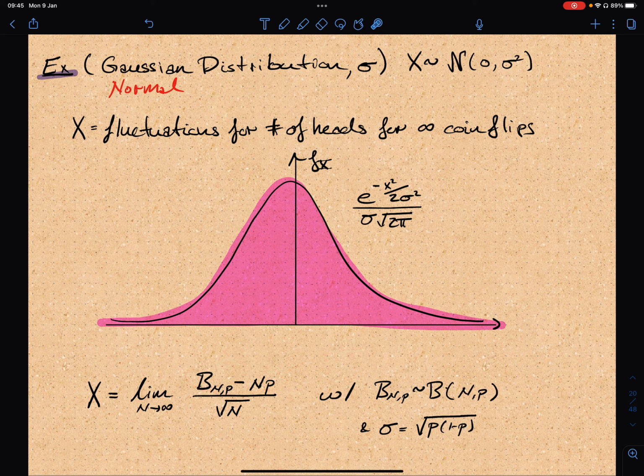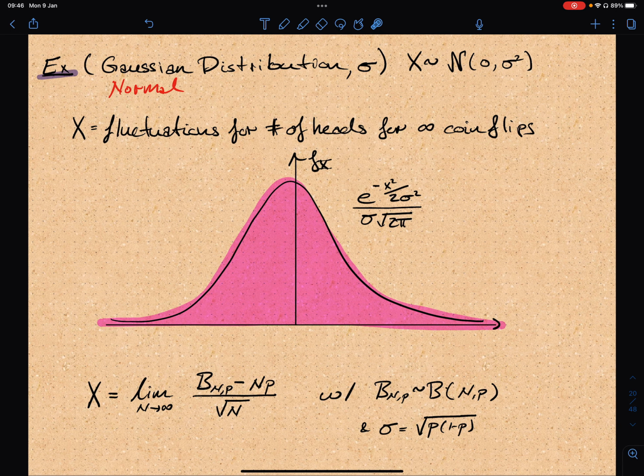So as you do more coin flips, you should expect the fluctuations around the expected number of heads to be fairly large, because as you have more trials, you have more time, more space for weird things to happen. So the fluctuations are going to get larger and larger just due to the nature of having a lot of coin flips. Things are going to get out of hand.